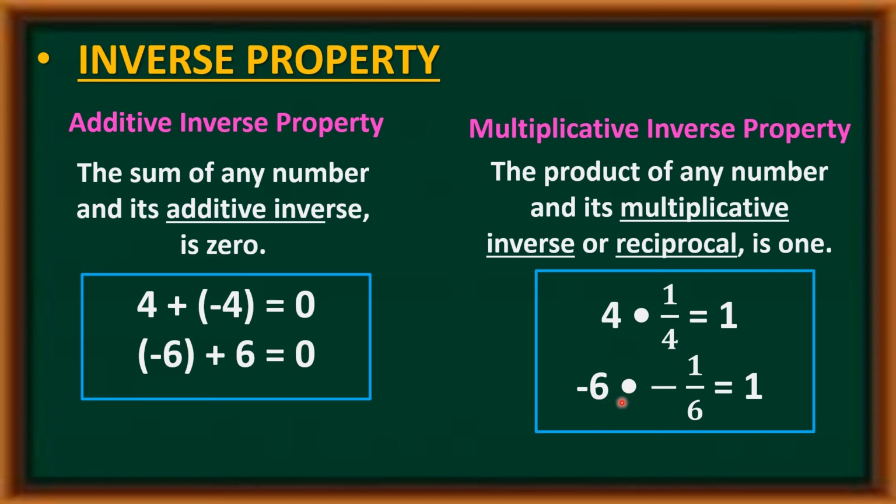So, its reciprocal is negative 1 over 6. Kapag kinukuha ang multiplicative inverse, if this is negative, ang kanyang inverse ay negative pa din. Okay? So, we have multiplicative inverse, the answer is always 1. Kay additive inverse, the answer is always 0.